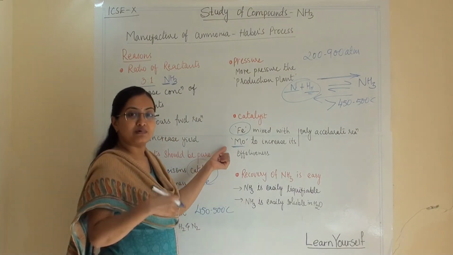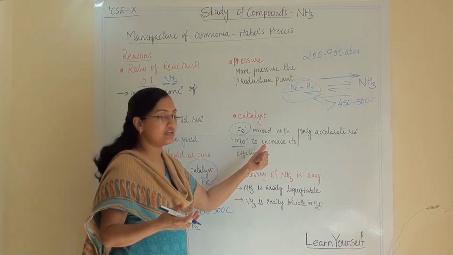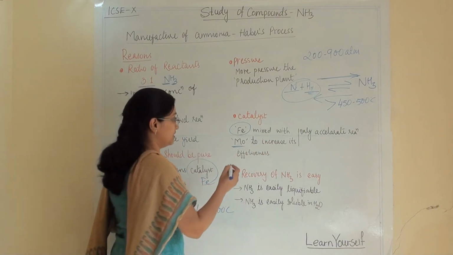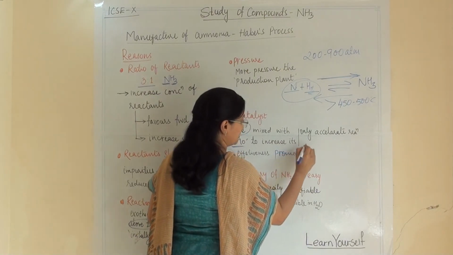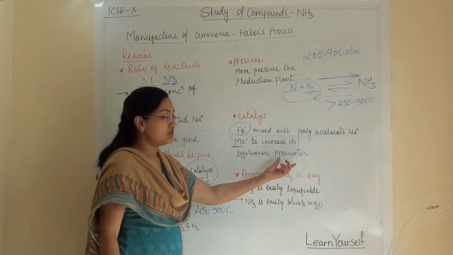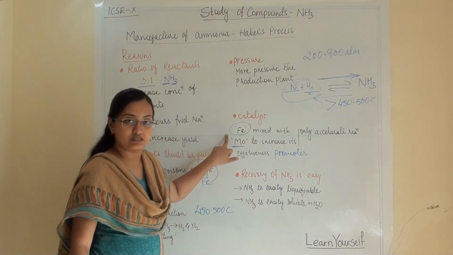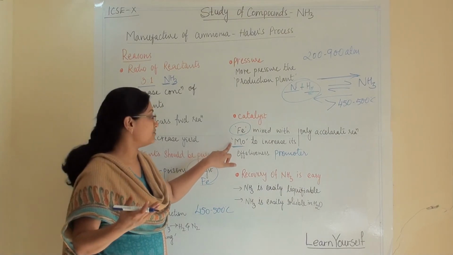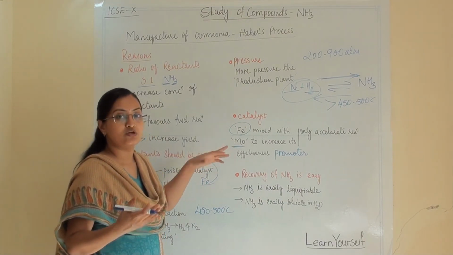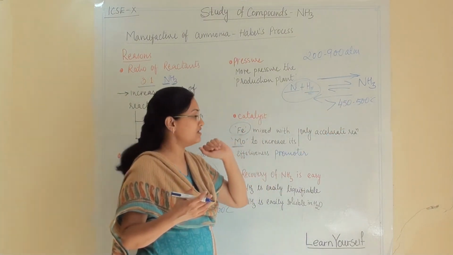Why are we mixing it with molybdenum? Because molybdenum works as a promoter. A promoter's work is to increase the effectiveness of the catalyst. So Fe's effectiveness will increase in the presence of molybdenum, and it will accelerate the forward reaction.